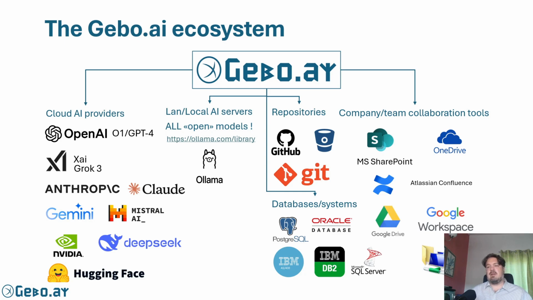In terms of documentation sharing systems, it can connect to SharePoint, OneDrive, Atlassian Confluence, and Jira for tickets. With software versioning systems like GitHub, Git, or Bitbucket, and of course Google Drive and Google Workspace in the near future.